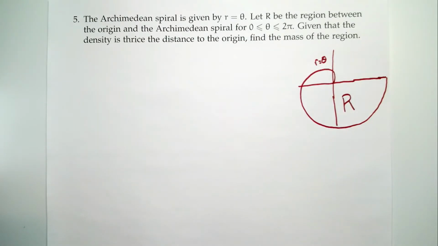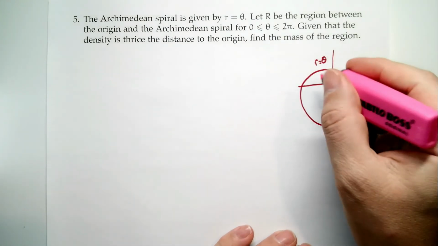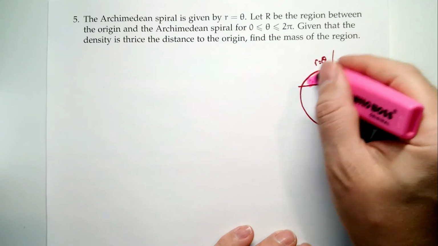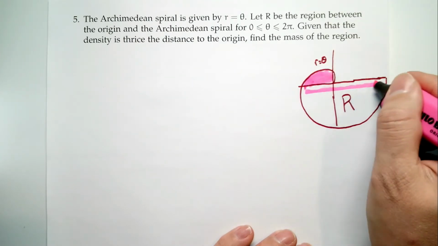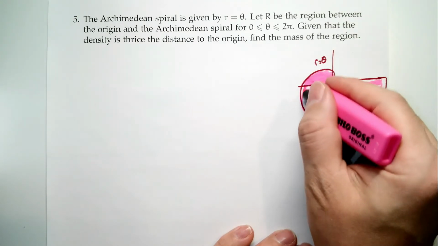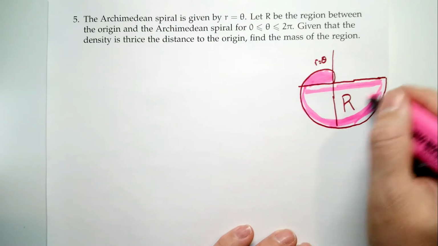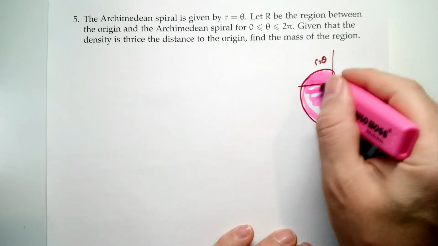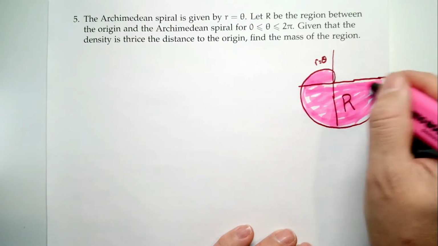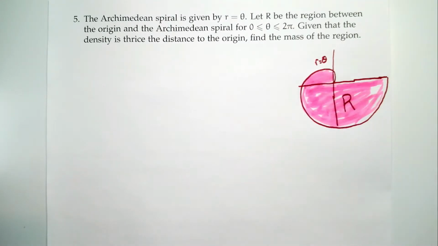All right, now we're told that our density is thrice the distance to the origin. What does that mean? Well, it means that our density, if I pick any point, oh my gosh, there's a lot of area to shade in here. Okay, it's a big region.